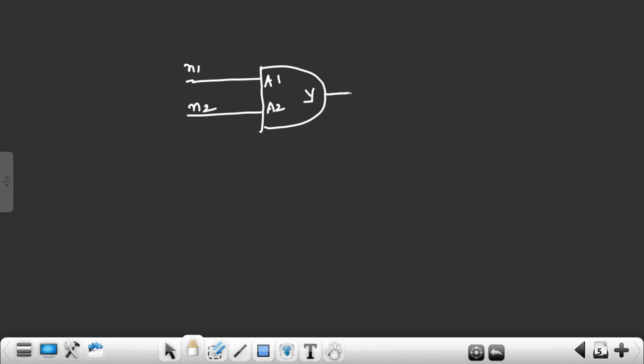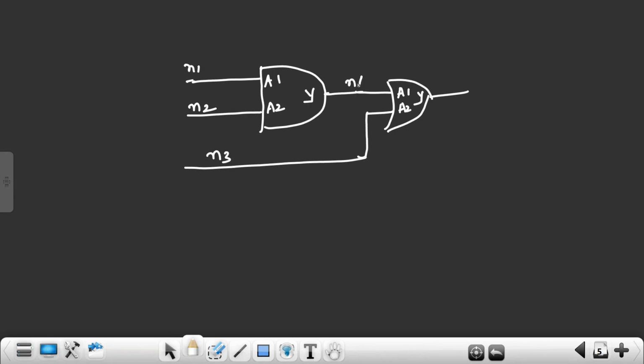Then the output of this I give to one OR gate, so the OR gate is taking the N3 net. This OR gate also has an A1 pin, an A2 pin, and a Y pin. A net is what is used to connect from one gate to another gate. It's called a net or wire. This net I will call the N4 net.